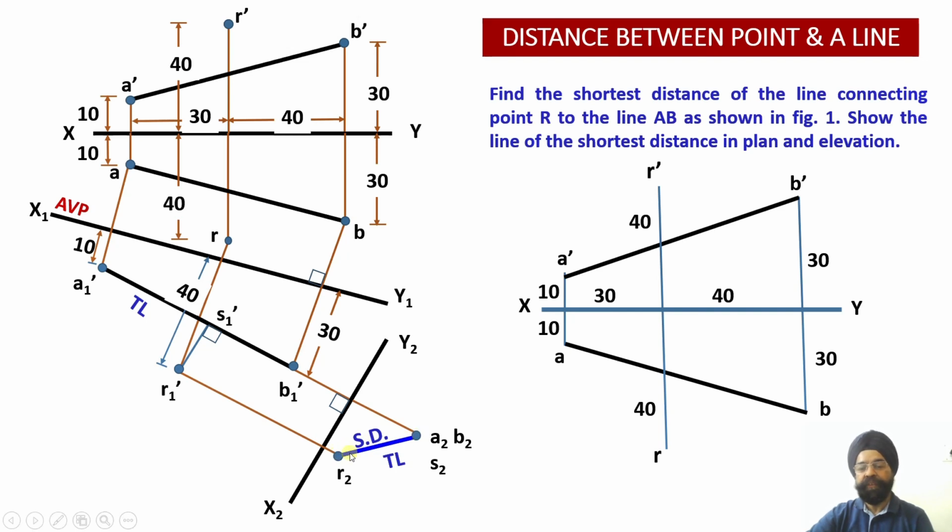So since we have obtained the point view of the true length of the line, we have got the projection of the point over here. Once we join these 2 points, we are going to get the shortest distance, or the true length of the shortest distance.